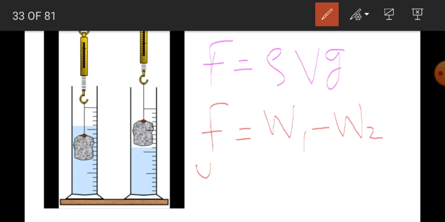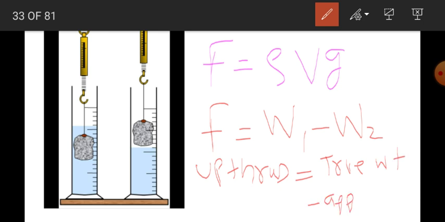Okay, so in terms of words it will be like upthrust is equal to true weight or actual weight minus apparent weight. I hope you can see that. So there are two formulas. This is formula number 1 and this is formula number 2. So using these two formulas we are going to solve few numericals.